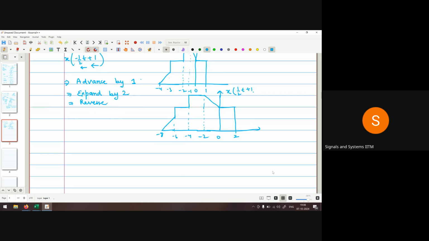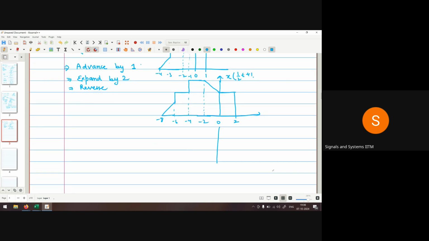Now I have to reverse the signal. If I reverse the signal, it will be like from -2, 0, then 2, 4, 6, and then 8.